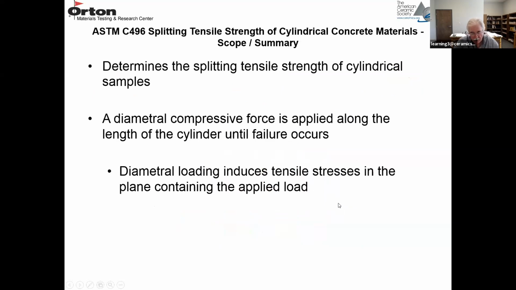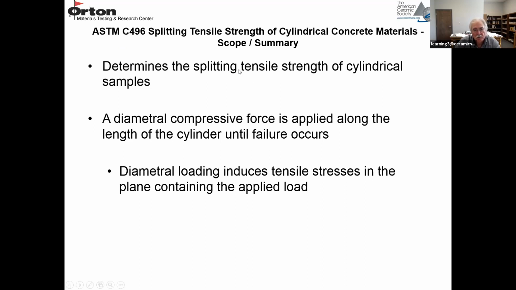So we described a compressive test, which is in pure compression. We described a 3-point bending test, which is in a combination of tension and compression. The bottom surface is in tension, the top surface is in compression. So there's also another test, C496, which is approaching a pure tension type test.